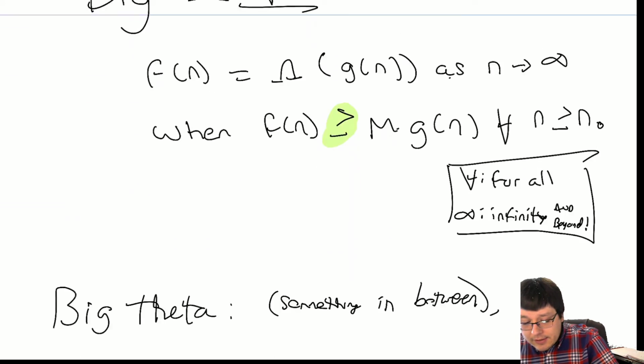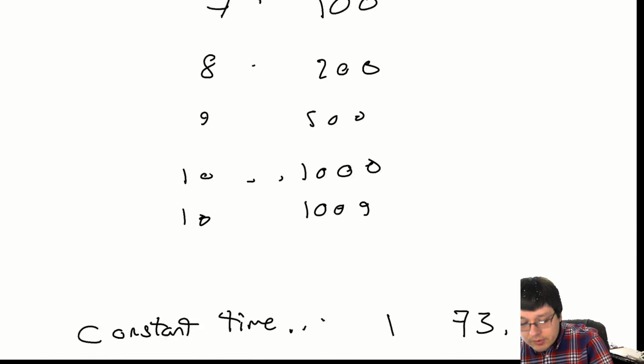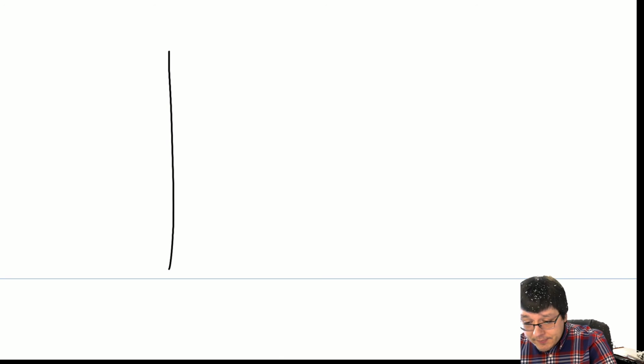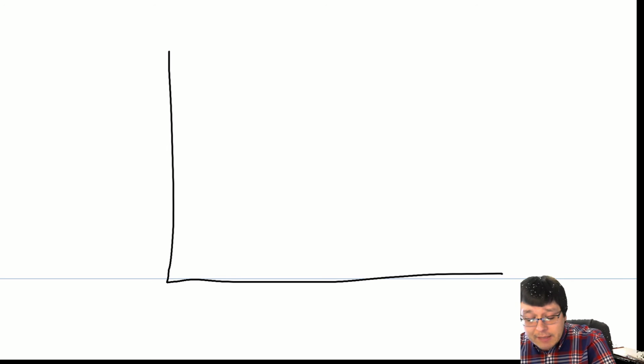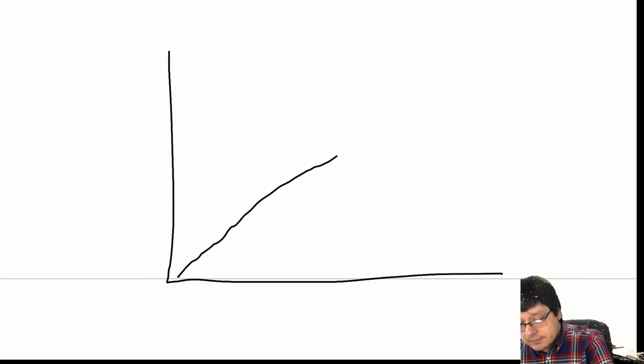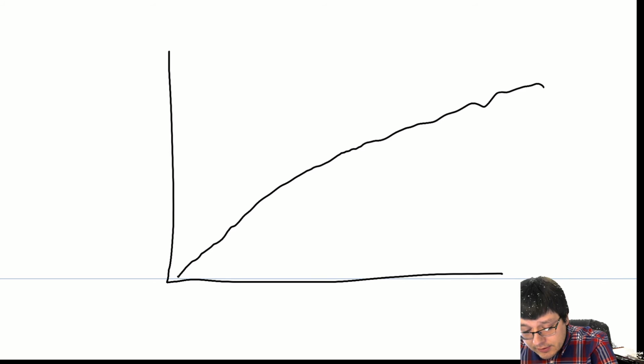As the last thing, because class is about to end, and then we'll talk about big theta next time too, let me show you a graph to better signify, okay? So suppose that I have my function, let's just say this is y of n, okay?